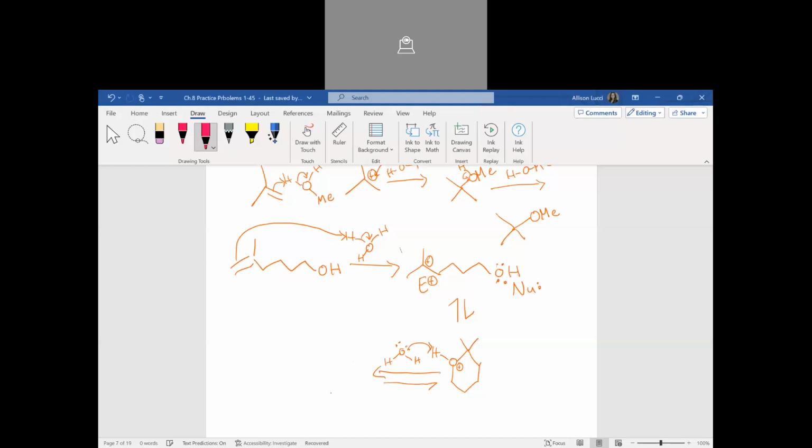And again, this step is also reversible. So we form our final product here as a result of that last proton transfer. But you can see that a nucleophilic site can react with an electrophilic site in an intramolecular reaction like B.